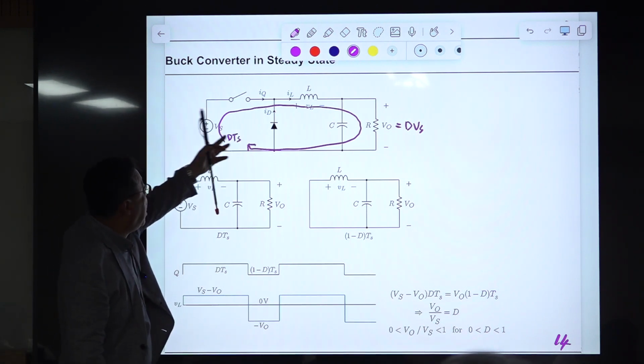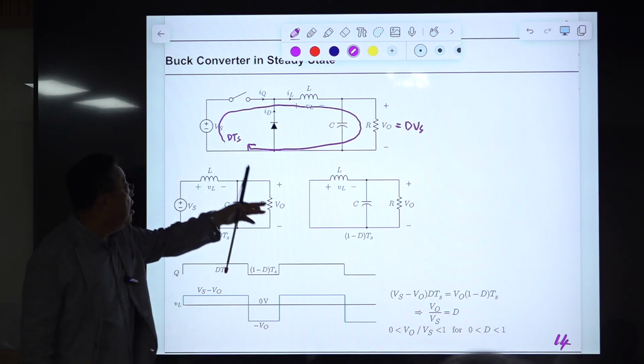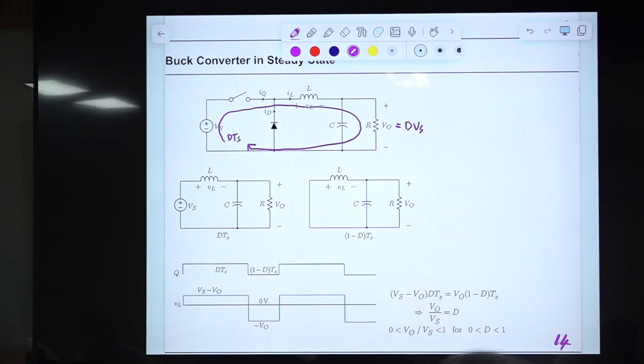During the on-time period, the diode is turned off by this voltage, and during the off-time period, the switch is turned off. Then the current path is formed following this path, for 1 minus D times Ts.